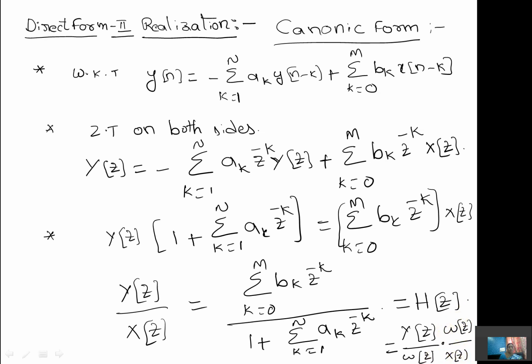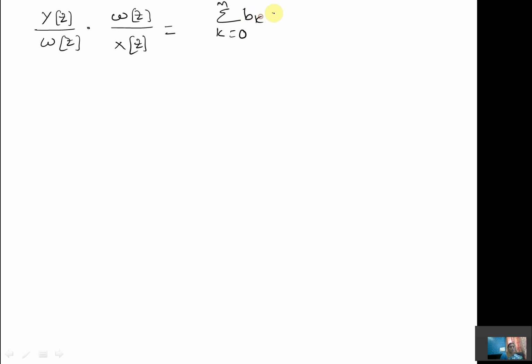W of z gets cancelled, then you can get y of z by x of z, which is equal to summation k 0 to m bk z power minus k by 1 plus summation k 1 to n ak z power minus k.